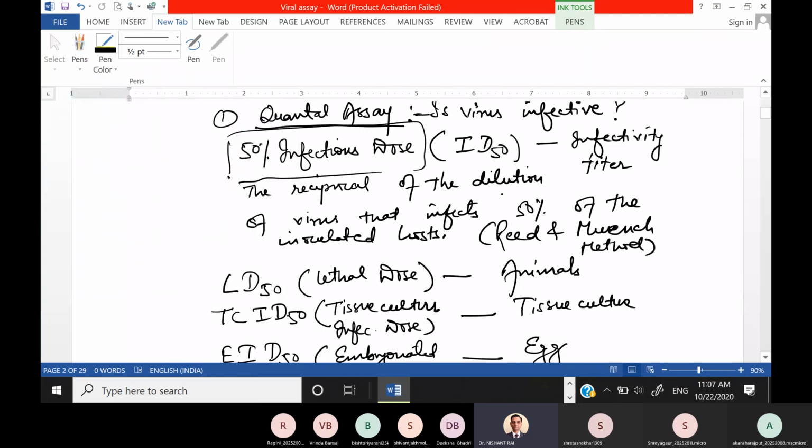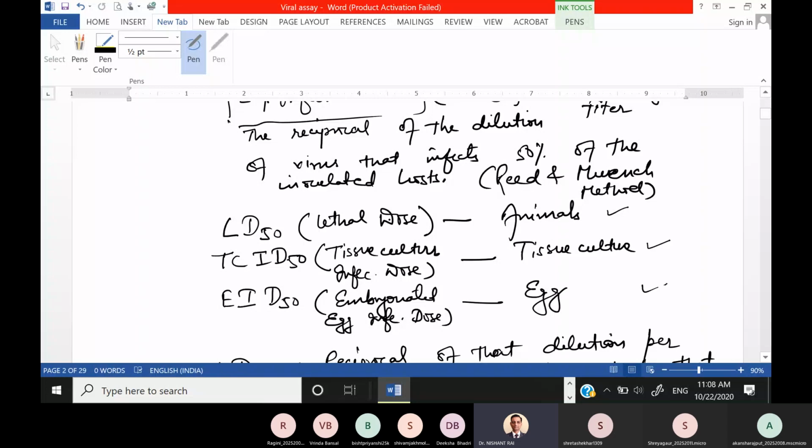The reciprocal of the dilution of the virus that infects 50% of the inoculated host. 50% of the inoculated host means 50% population, irrespective of the host. अब host it can be animal हो सकता है, ये cell lines हो सकता है, या वो egg हो सकता है, right? So we determine the infectious dose और its infectivity.